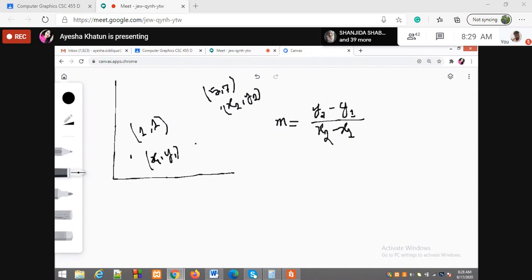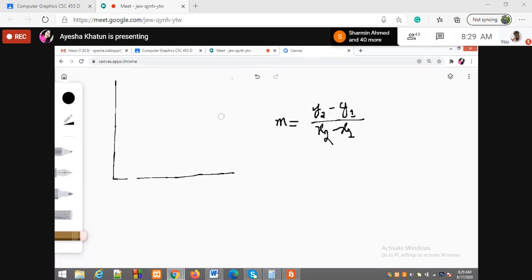So that is our slope, and you can see each of the units in the coordinate plane. So how can we determine each unit in the coordinate plane? We will show it by using a variable. You can give any name. So let's say this is the origin.